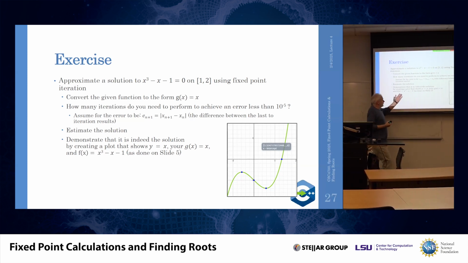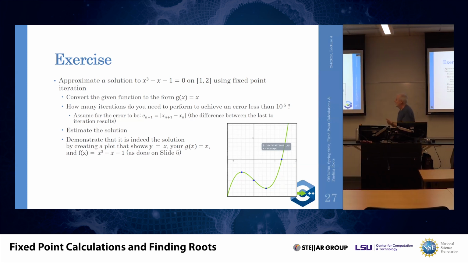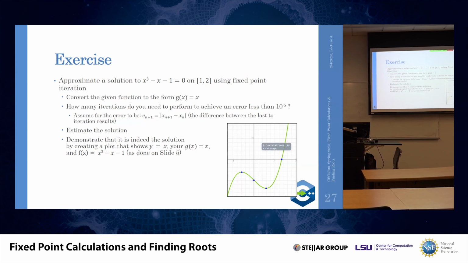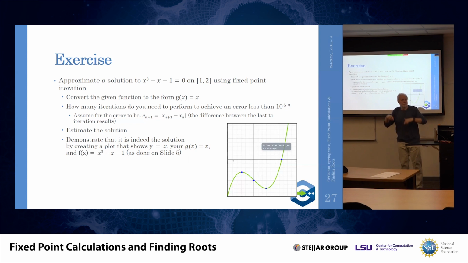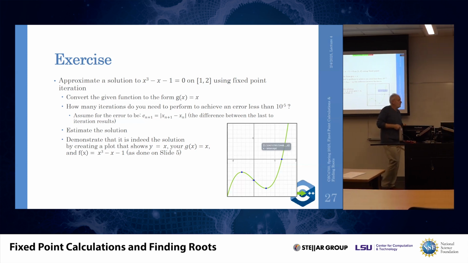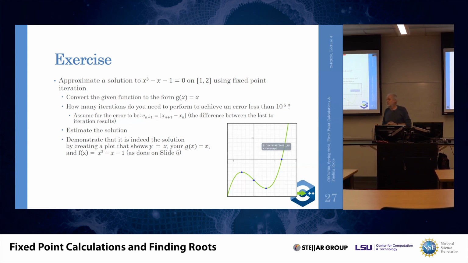And if you want, just create a plot that has the three functions on it: f of x, g of x, and y equals x, that straight line. And perhaps show how things are closing in to the convergence point, like I showed in the very first slide with the cosine, right? Where you have seen that narrowing down to the intersection point. Try it out. It's not difficult to do, but might be a nice example for you to play with.